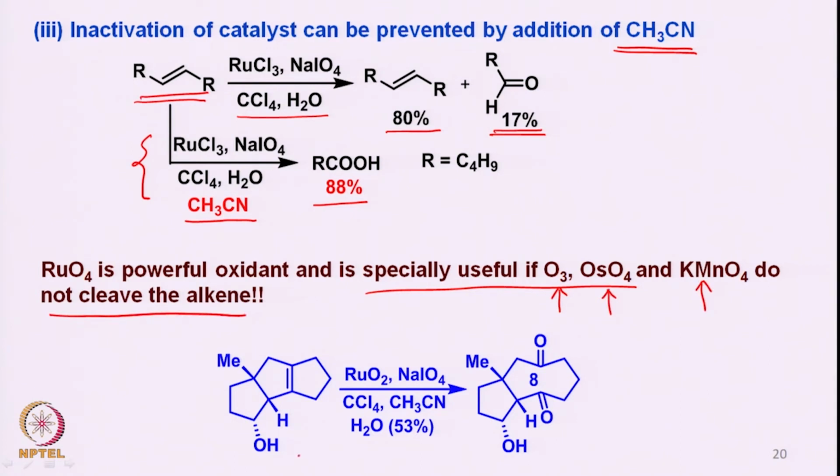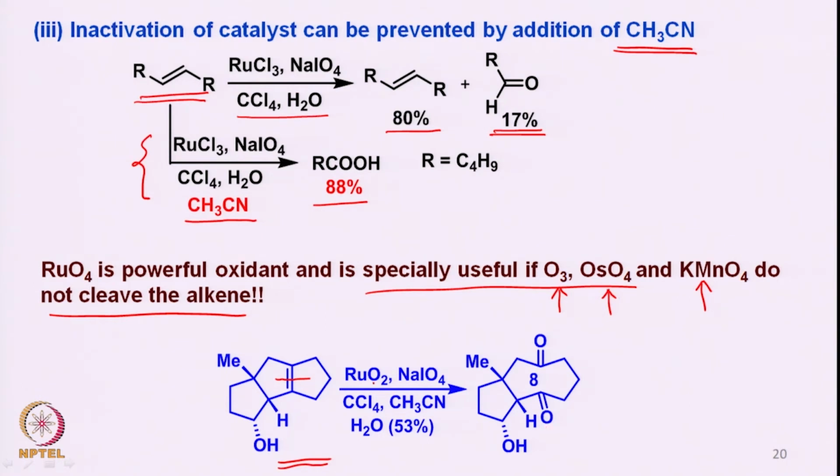This is an example which is a tricyclopentanoid example, in which there was a need to cleave this bond, and this bond cleavage was not easily possible using the reagents such as ozone, osmium tetroxide and KMnO4.